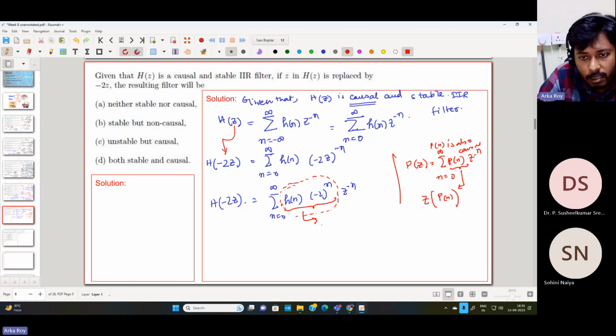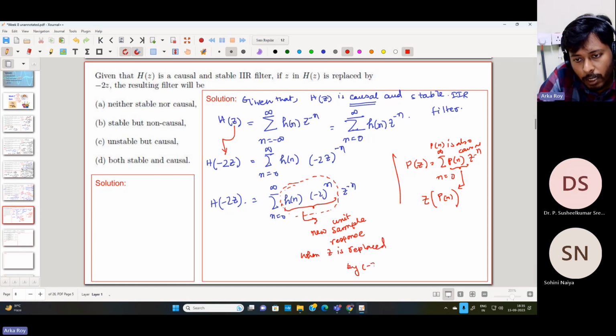So I can write it as the new unit sample response when z is replaced by minus 2z.